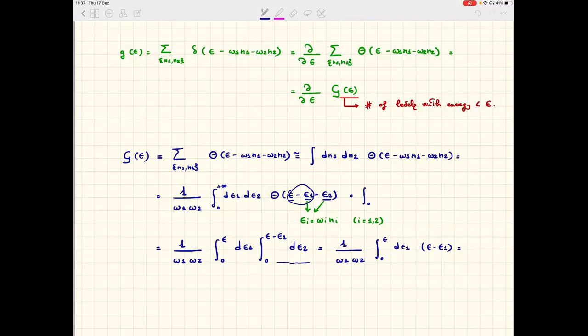No. Can you repeat again? Yeah, so what I'm trying to say is that epsilon 2 is varying starting from 0 because it cannot be negative. See, the integral starts from 0, and goes to epsilon minus epsilon 1. This is what is written up here, because of this theta function.